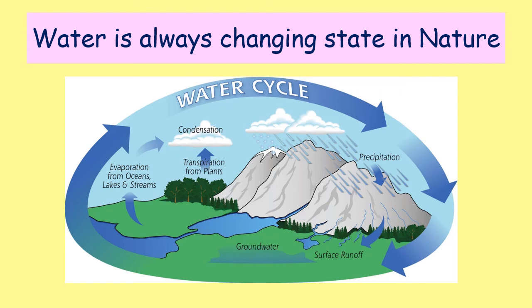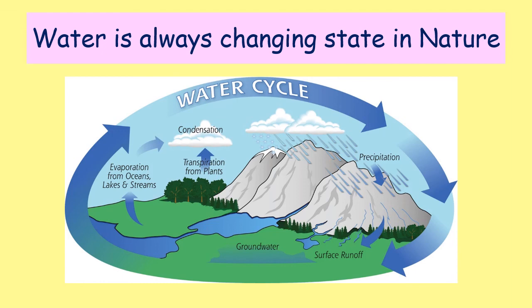Then when water falls back down to Earth, depending on where it is, it might freeze if it's on top of a mountain, or stay as snow or ice if it's on one of the ice caps, or it could directly flow into rivers, lakes, and be liquid water. And from that process, it can start again. Once it's water on the surface of the Earth, it can evaporate again.